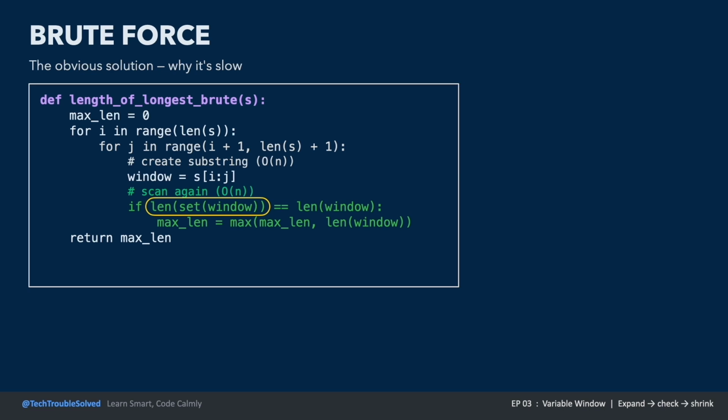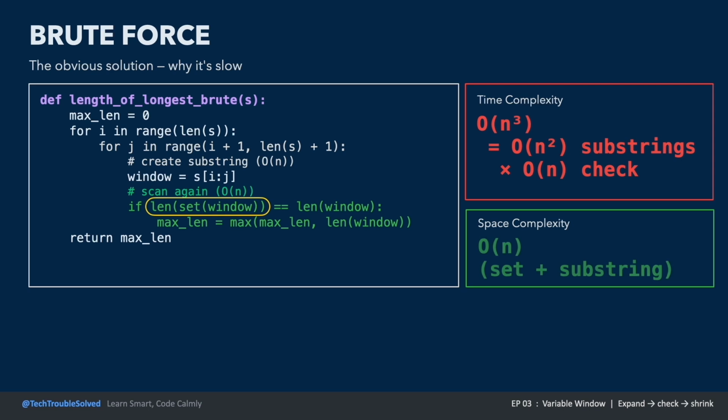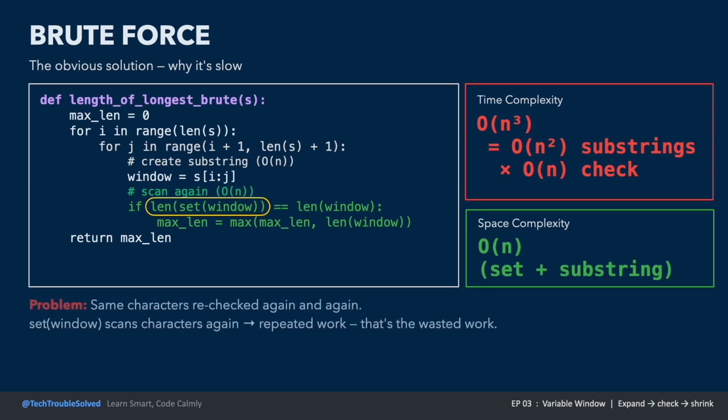We are rediscovering it. The logic is correct. The answer will be right. But the computer is doing way more work than it needs to. Time O of n cubed, space O of n for the set and substring. Now let's write the version that actually respects our time.